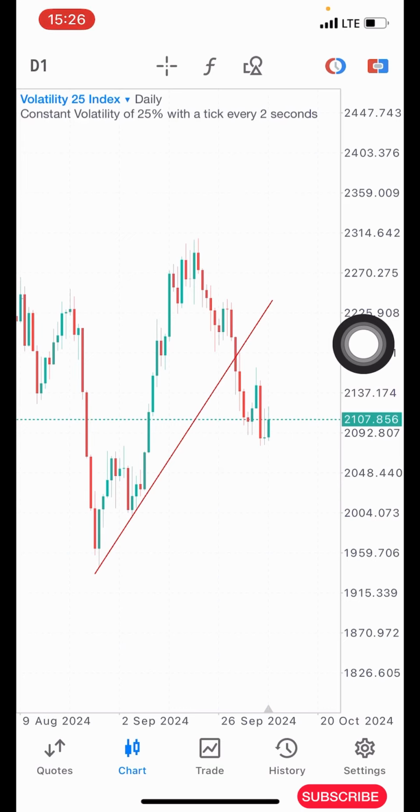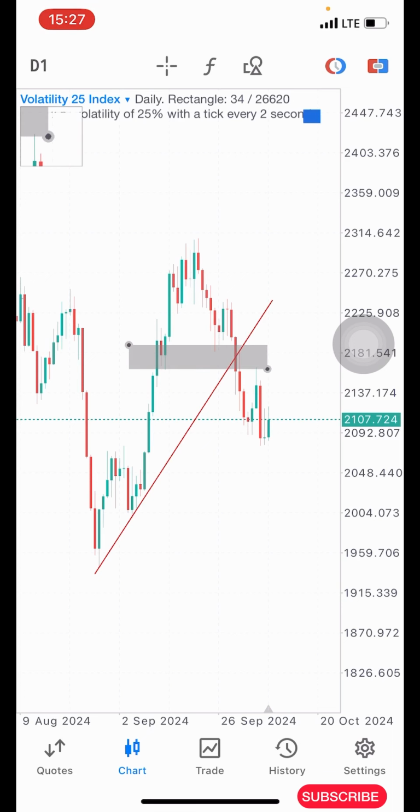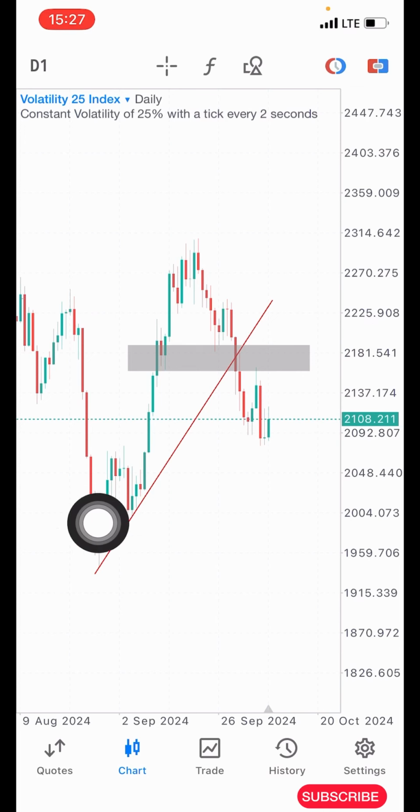After marking this down, you just draw your trend lines and support and resistance zones so that you get an understanding of what the market is doing, all right? That's what I'm doing now. After marking it like this, now you see we have a better understanding of what the market is doing, okay?